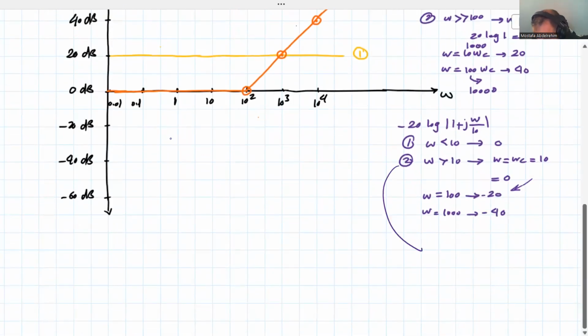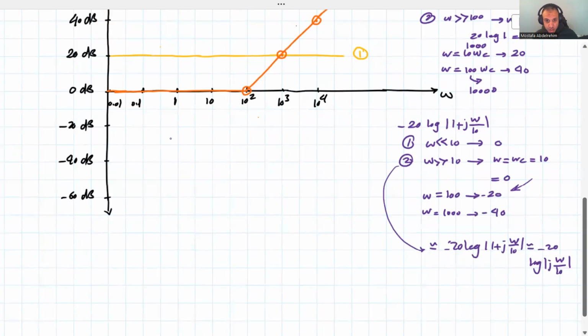Basically, when omega is much larger than 10, we can approximate minus 20 log of 1 plus j omega over 10 as minus 20 log of j omega over 10. The magnitude of j omega over 10, the magnitude of j is just 1, so that's equal to minus 20 log omega over 10.